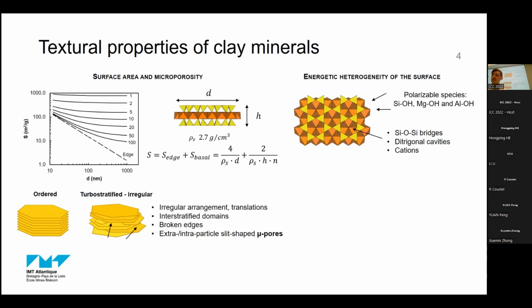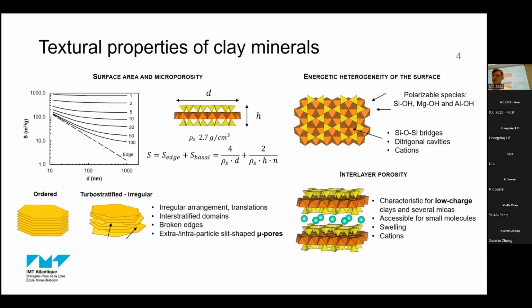The last aspect is called interlayer porosity. As you know, the interlayer space of smectites is accessible to water, but several gases can also penetrate into the interlayer space, and I will show you in the next examples how it impacts the adsorption capacity.